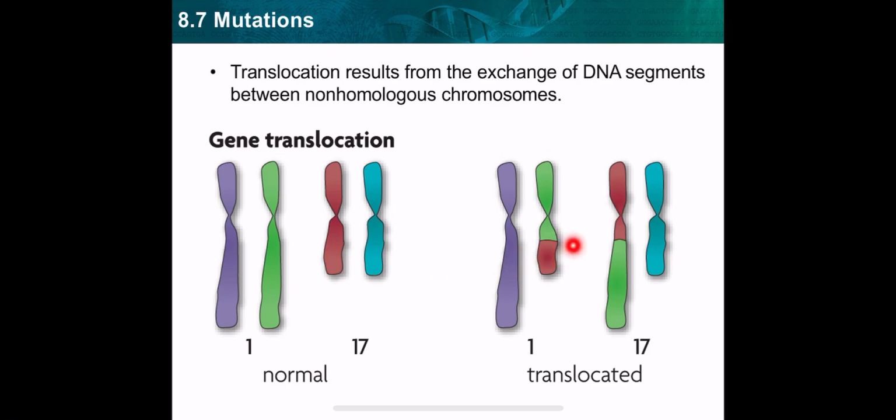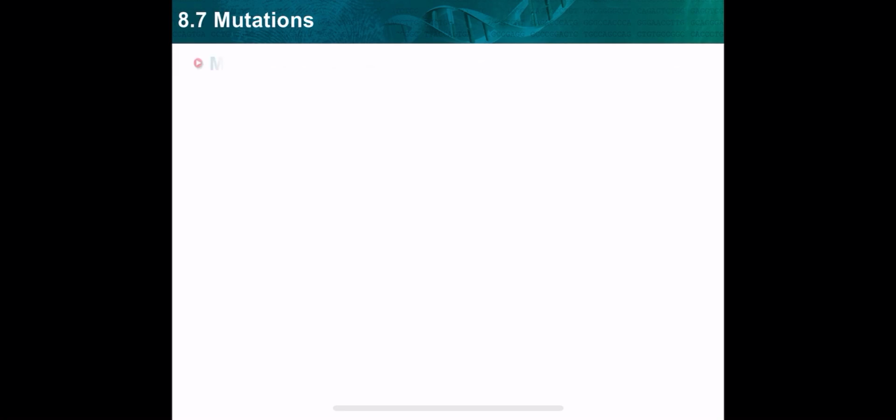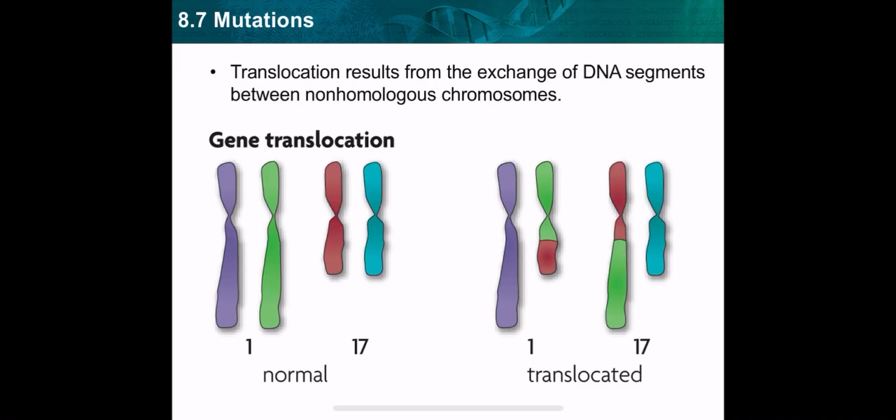So, of course, they will exchange different genes. Look here, the exchange of segments. This will also lead to serious problems and change in the DNA. So translocation is one type of chromosomal mutation.